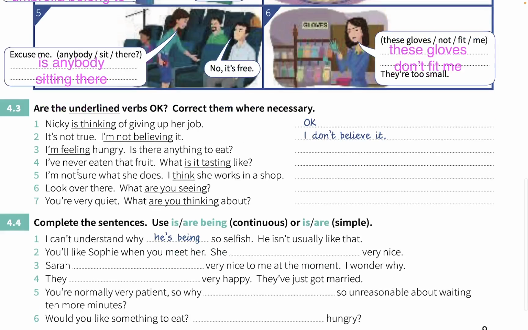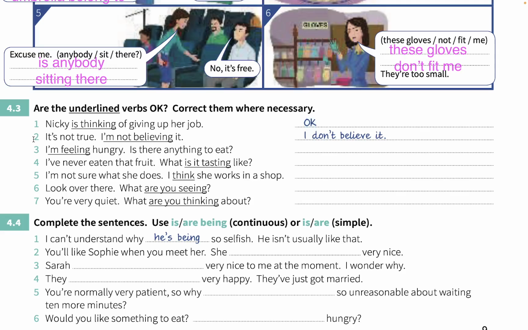Next one. Are the underlined verbs okay? Correct them where necessary. So we're looking at all the underlined verbs, yeah? Semua yang digaris bawahi. So are they correct or are they not? For example, Nikki is thinking of giving up her job. So is thinking is correct, so we say okay.